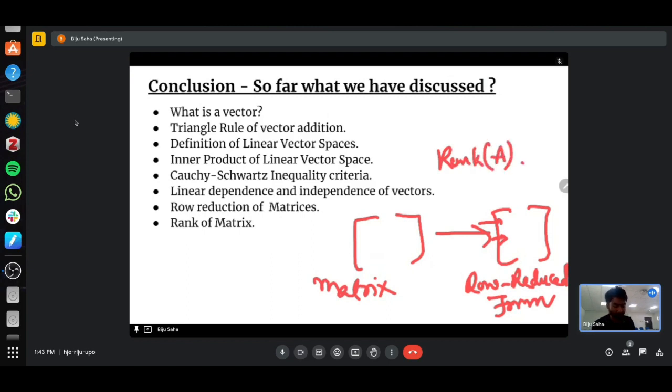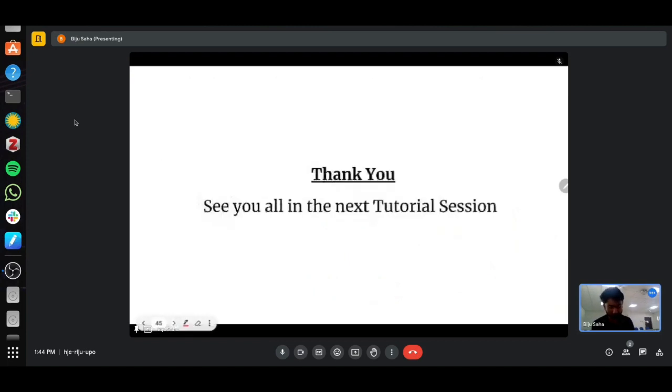So that is what we discussed so far. If this matrix is A, we can find out the rank of the matrix. This is all that we discussed about vectors, and we were slightly introduced to various properties in matrix operations. So that is all for this session.